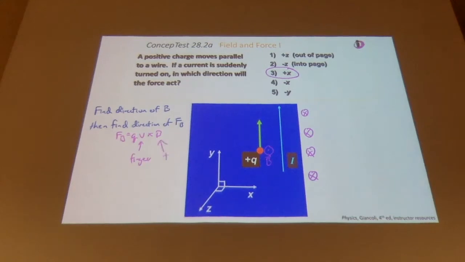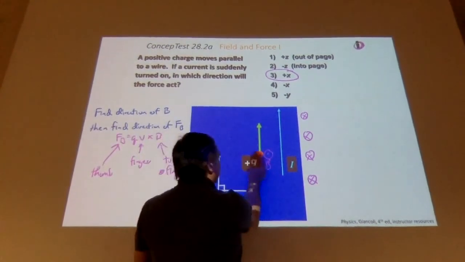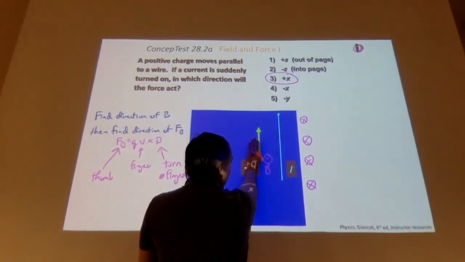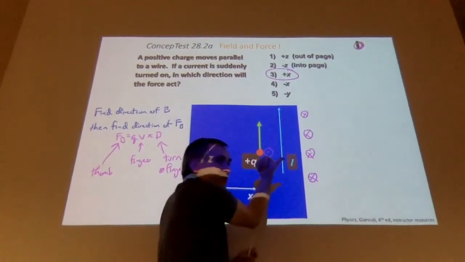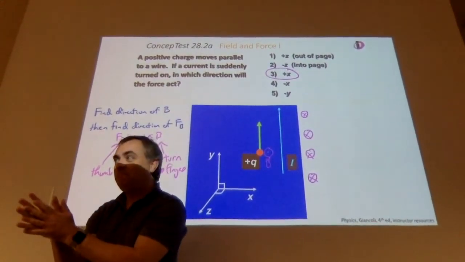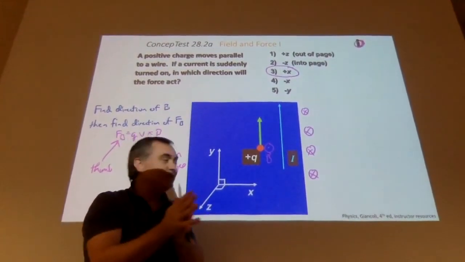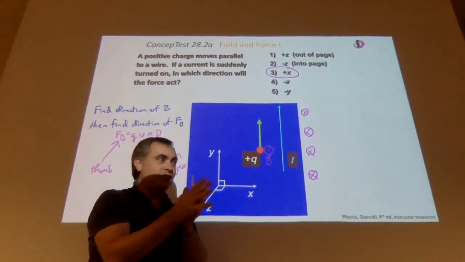This is turn fingers. And then this one is thumb. All right? So the velocity is pointing straight up, fingers this way. The magnetic field is pointing toward you, so my thumb points to the right. Okay? You can do this. Right, right, left, right, maybe.